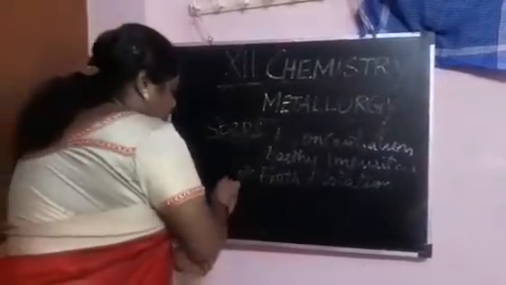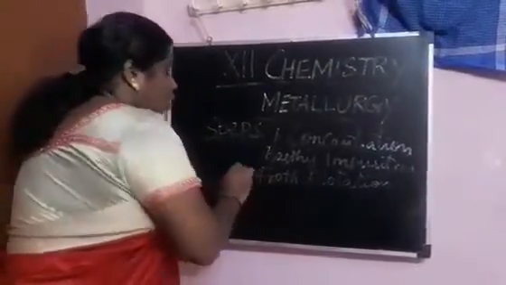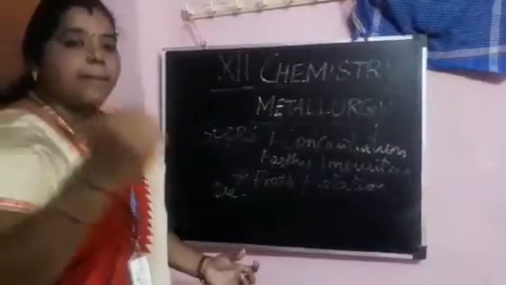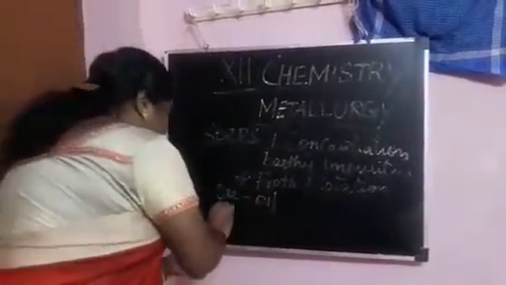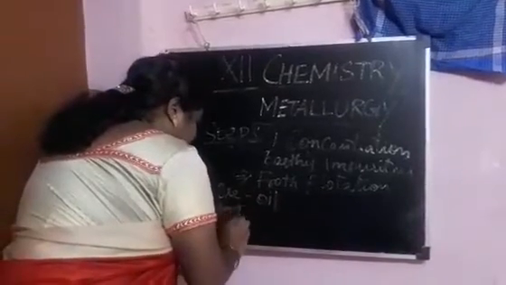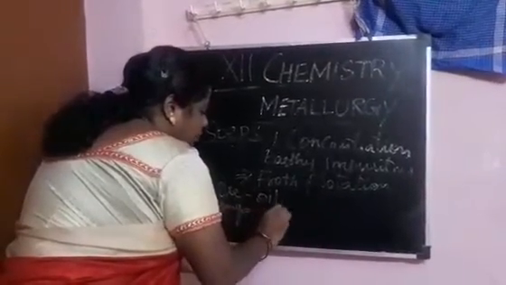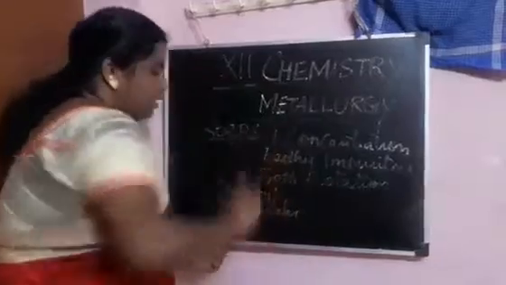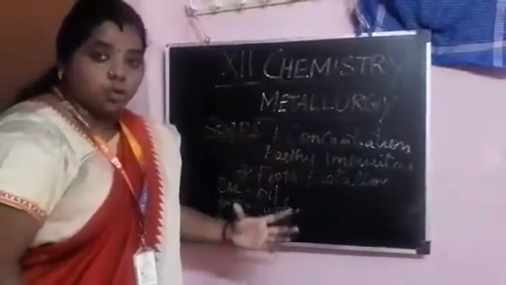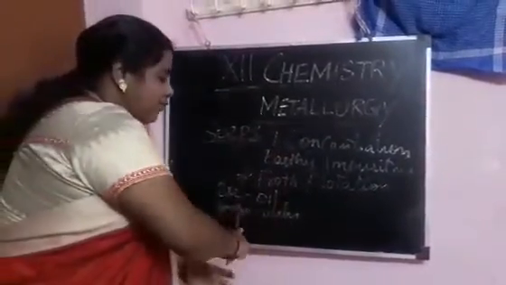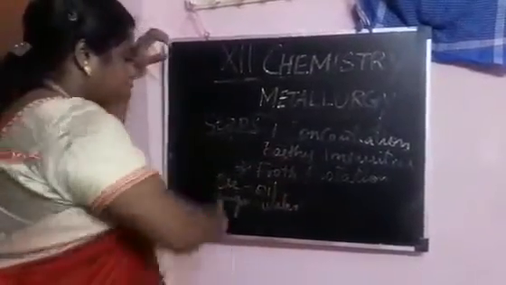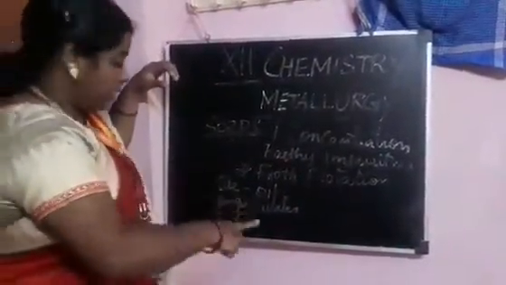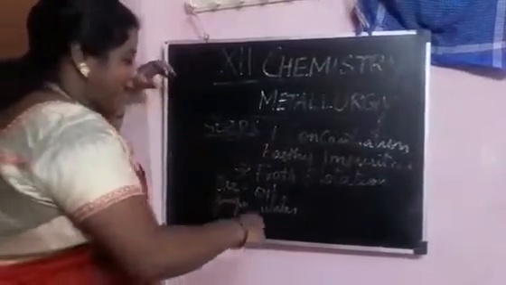That means the ore will have the absorbing capacity of oil and the gangue will have the absorbing capacity of water. Then only those ores are applicable for froth flotation.